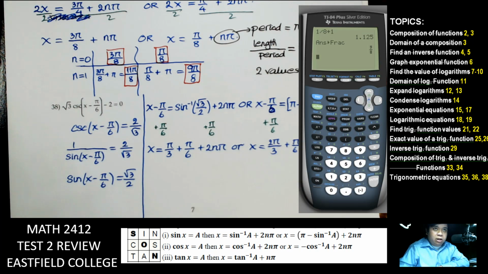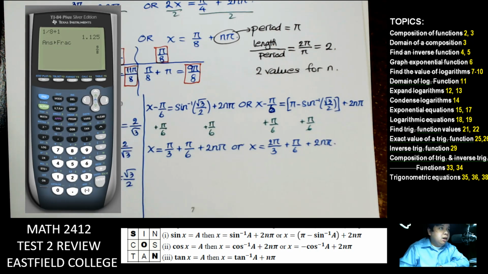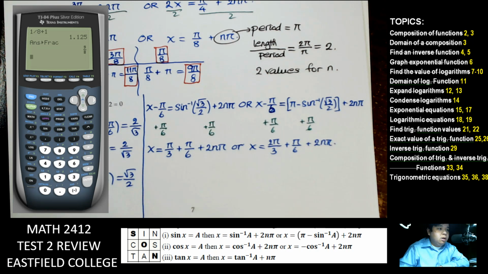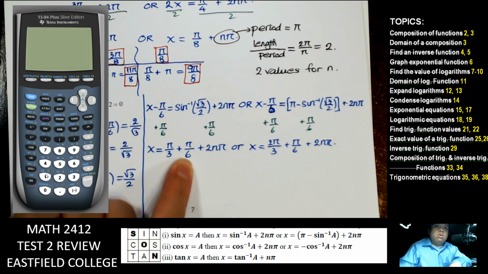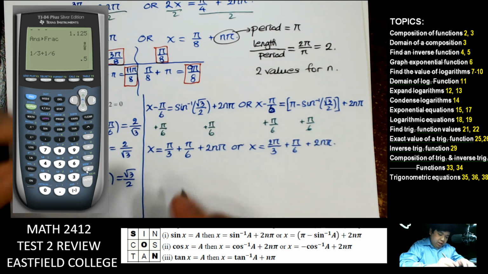Right. Now we get the calculator again. Pi over 3 plus pi over 6, so 1 over 3 plus 1 over 6 is 1/2.